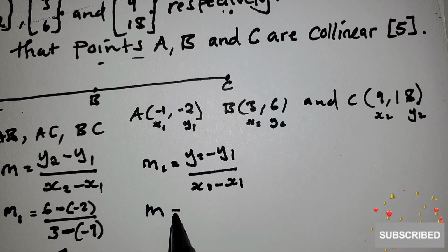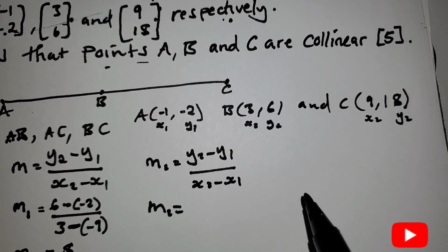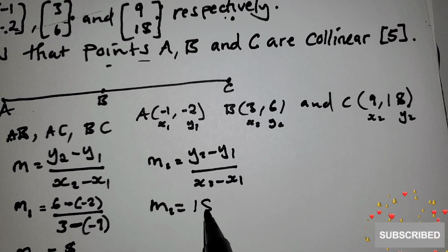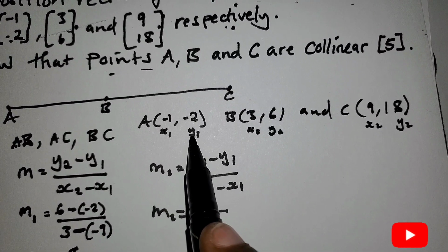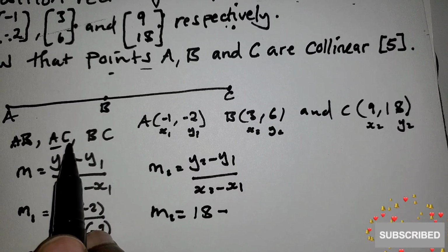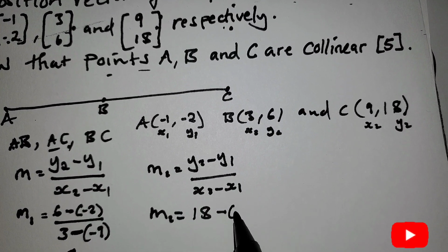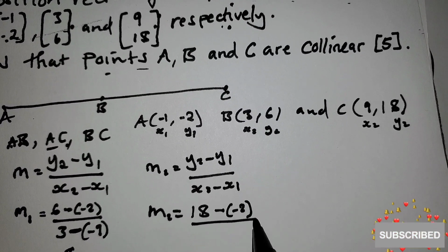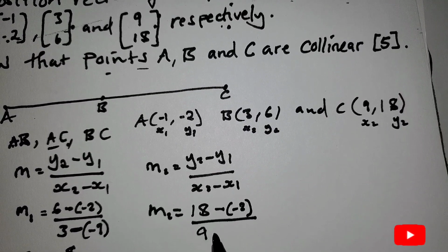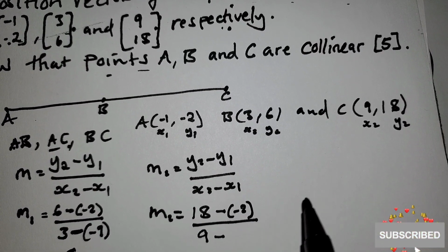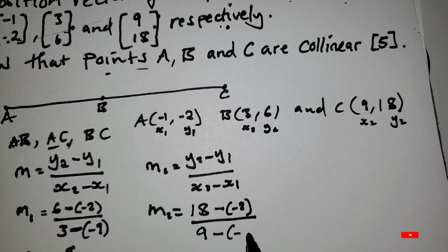So gradient 2 is equal to y2, which is 18, minus y1, which is -2, the way it is, over x2, which is 9, minus x1, which is negative 1.